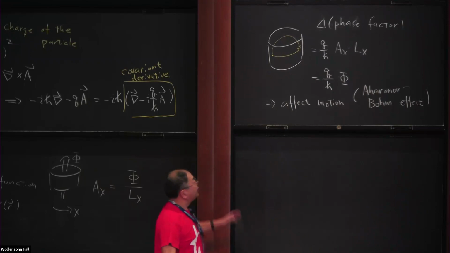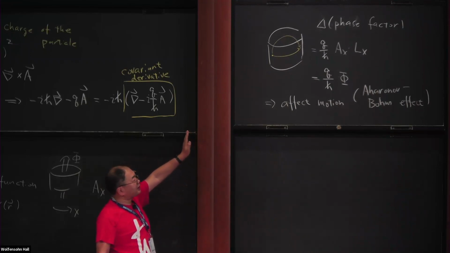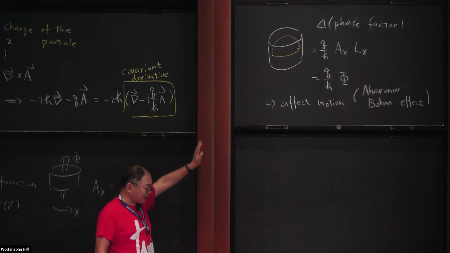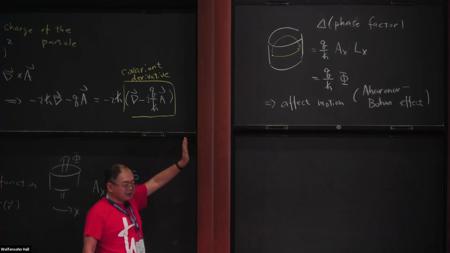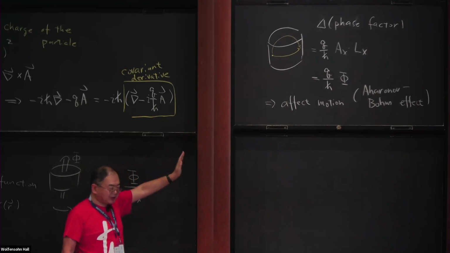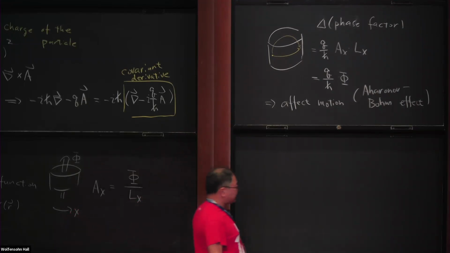But from this, you can also see that there is a special value of the magnetic flux for which, even when the magnetic flux is non-zero, under some circumstances, this Aharonov-Bohm effect vanishes.